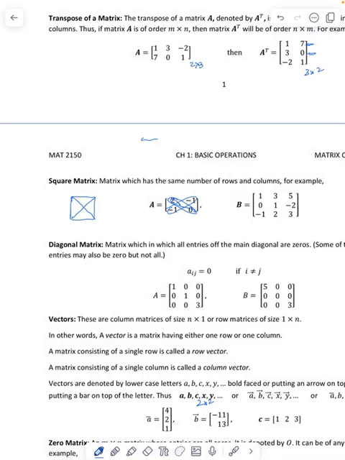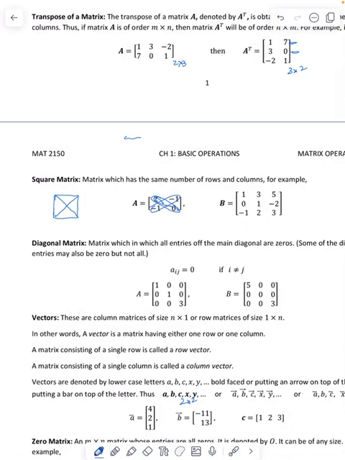Now the diagonal matrix is the one which has non-zero entries only on the main diagonal, which means this one going this way. All the other entries should be 0.